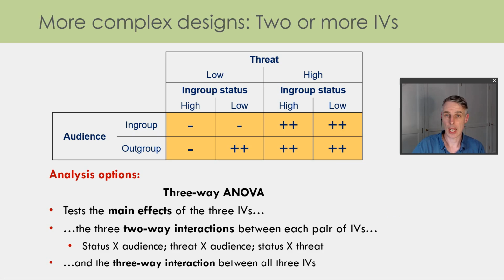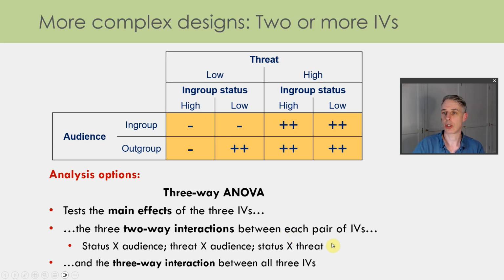Now in a 3-way ANOVA, you're going to end up with 7 different effects. Okay, what it's going to give you are the 3 main effects of each of the 3 independent variables. In turn, it's going to give you the 3 possible 2-way interactions between each pair of independent variables.